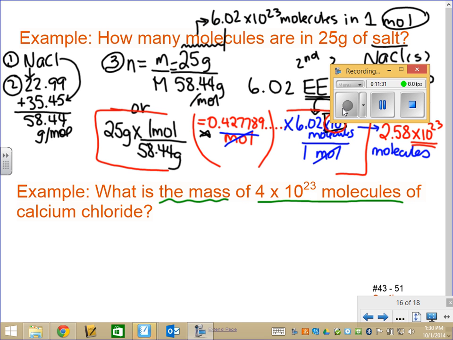So just like in any other question, before I think about molecules and moles, I'm going to think about my substance, and I'm going to think about what its molar mass is. So first things first, calcium chloride is CaCl2. Calcium is +2, chlorine ions are -1. So when I swap and drop, I get CaCl2.